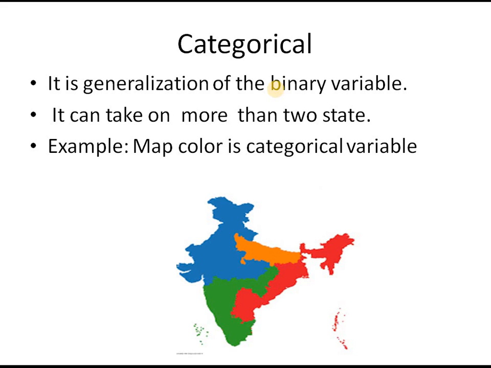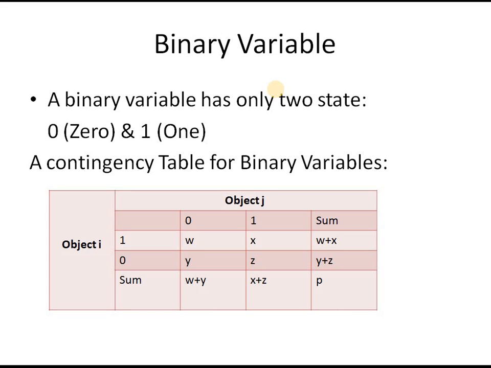A binary variable is asymmetric if the outcomes of the states are not equally important, such as the positive and negative outcomes of a disease test. By convention, we code the most important outcome, which is usually the rarest one, by 1 and the other by 0.